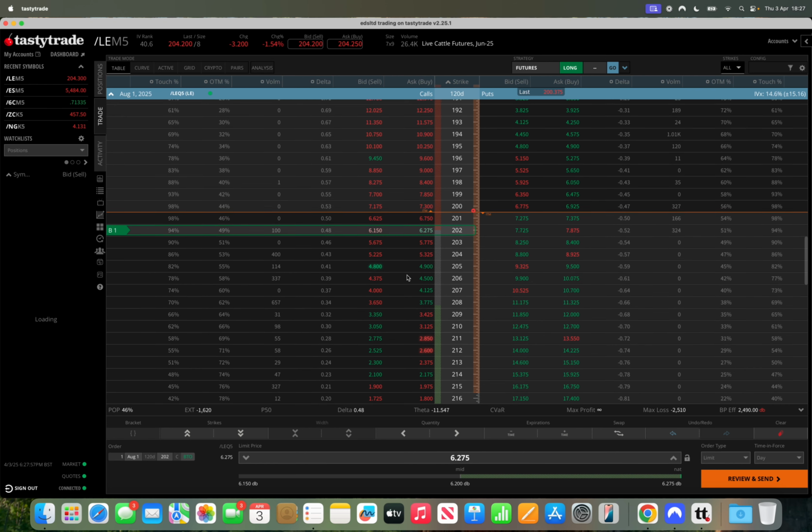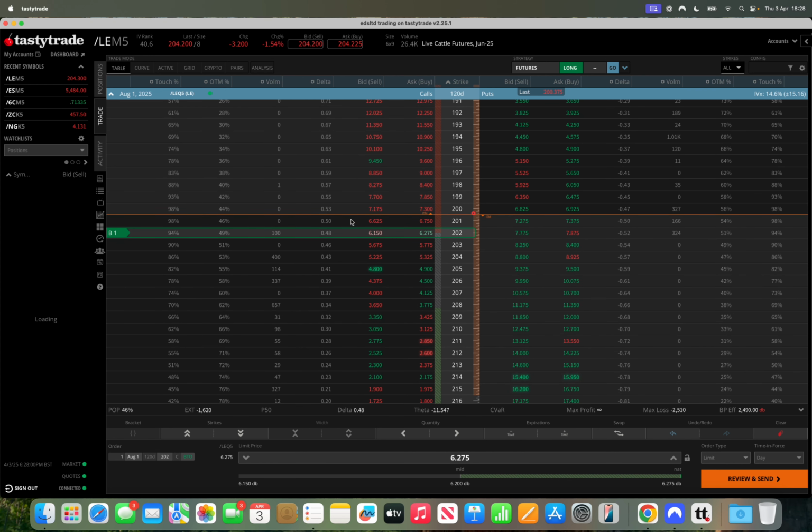So in this instance, if price goes lower, you lose. If price stays where it is, you lose. If price goes higher but not high enough past 208 or 208.27, then you actually also lose. So you need a lot to happen in order to make money. And as you can see here, you have a pop of 46%, so you've got a less than 50% chance of making money on this trade.